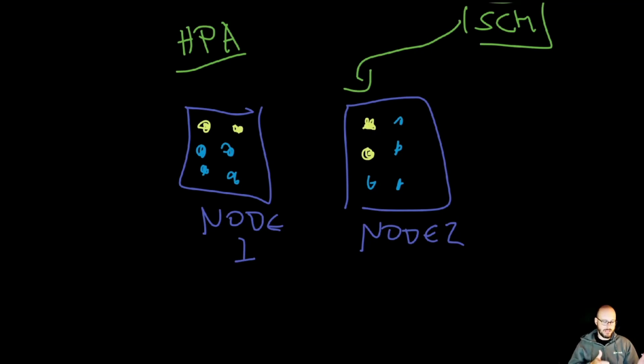So we have a minimum and a maximum amount of replicas, and by default, it only works on CPU. That's the default metric that it allows, but you can extend this. With CPU, you would say, give me a minimum of 4 of these pods, a maximum of 10. If the CPU goes above, let's say, 80% or 50%, then you scale up or down.